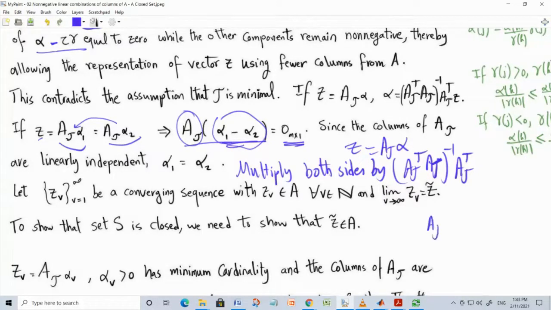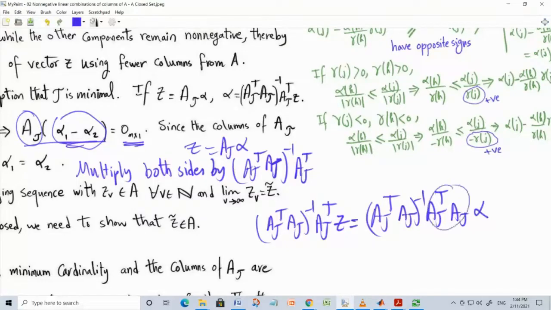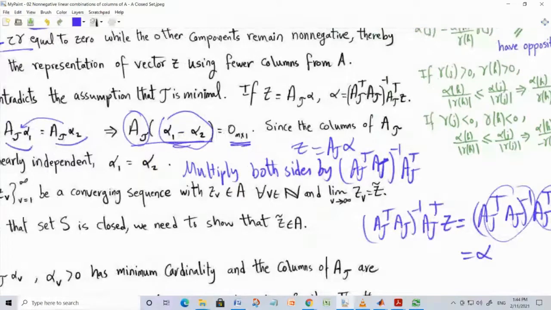So if you do this, you get that AJ transpose AJ inverse AJ transpose Z is equal to AJ transpose AJ inverse AJ transpose AJ alpha, and this gives you identity, so this is equal to alpha. So alpha is in fact given by this expression here, and it's a unique alpha.